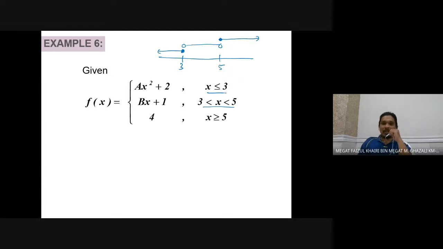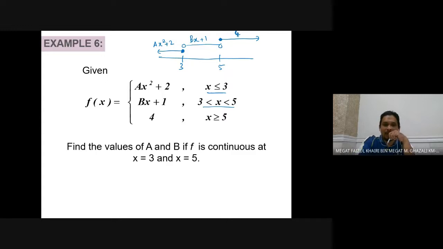For the first domain it is ax squared plus 2, and the domain between 3 and 5 is bx plus 1, and here equal to 4. Now, find the values of a and b if the function is continuous at x equal to 3 and x equal to 5. So if this function is continuous all the way from here to here to here, it is connected, continuous.